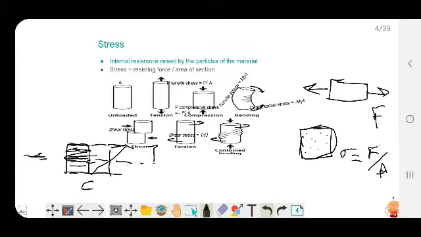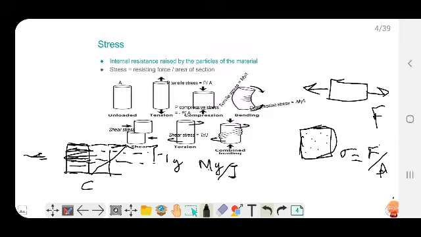Anyway, the stress experienced by any fiber located at a distance y from the zero stress axis is given by My by I, where I is moment of inertia, and we will be looking into this in detail later.